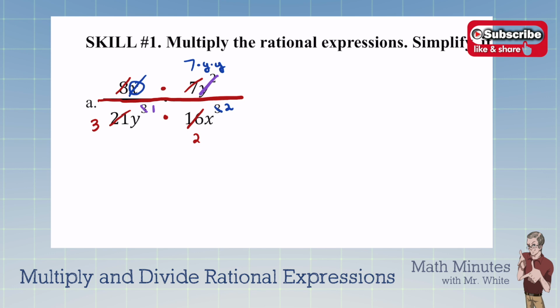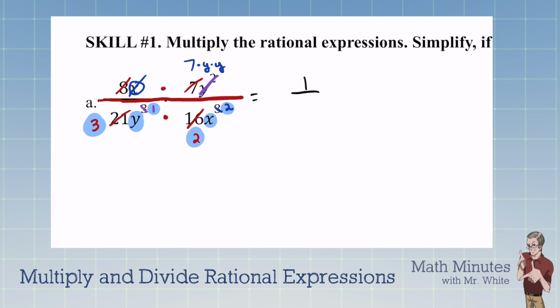Now, let me highlight everything that I have not crossed out. So I have a 3 here, I have a y to the first, I have a 2, and I have an x squared. Everything else got crossed out. So as it turns out, when we multiply the top, we just get the number 1. Of course, that doesn't always happen. It does in this question.